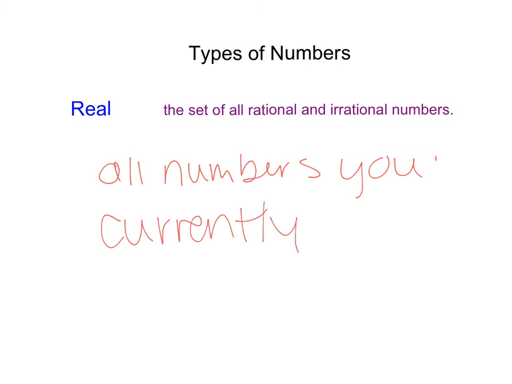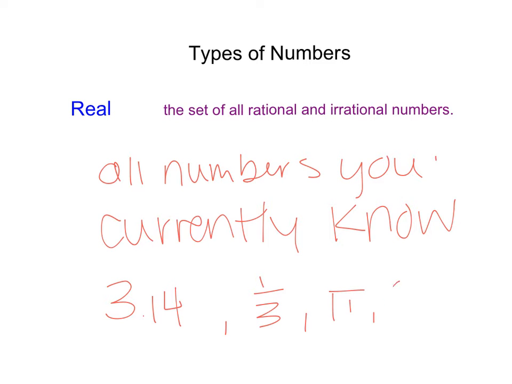And you may be wondering why we have to call them real numbers. Aren't all numbers real? But there is another number system called the complex number system that you'll learn about in advanced algebra that are actually called the complex numbers. So real numbers are all the numbers you currently know, so things like 3.14 or 1/3, pi, 0, -6. All of the numbers you know are called real numbers.